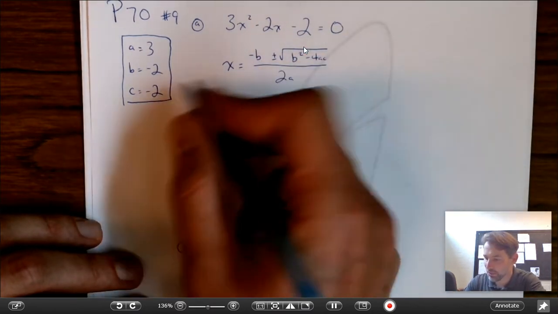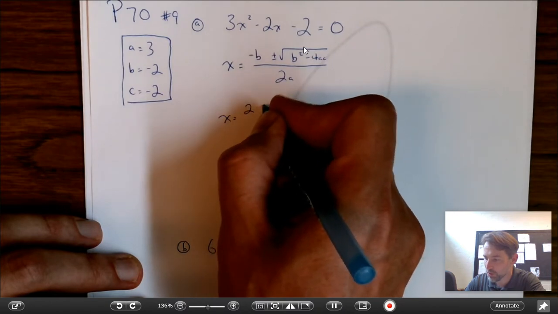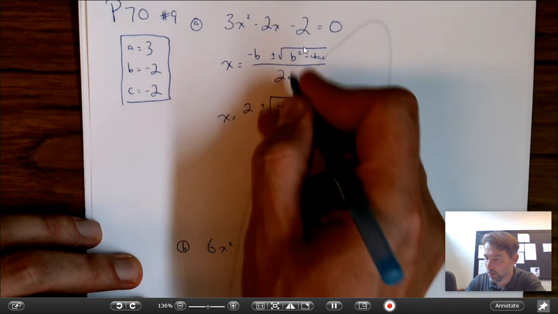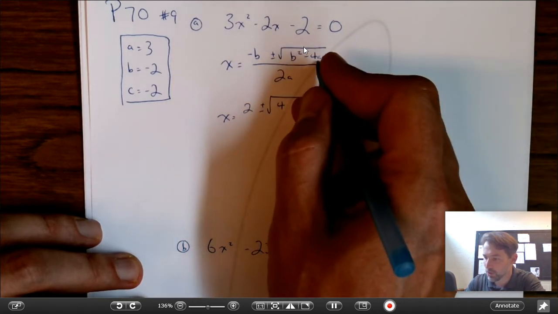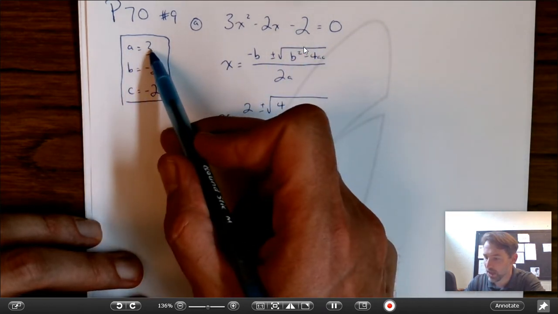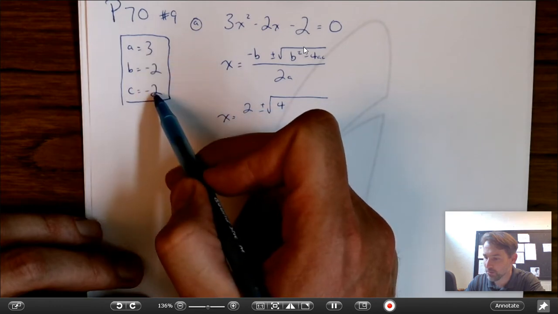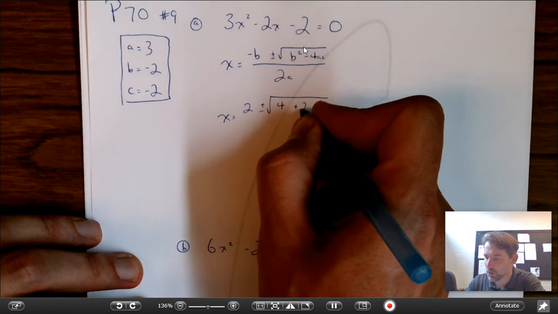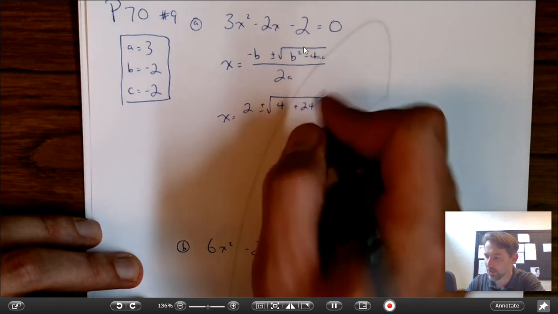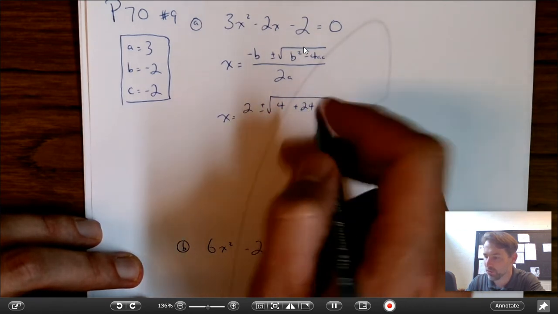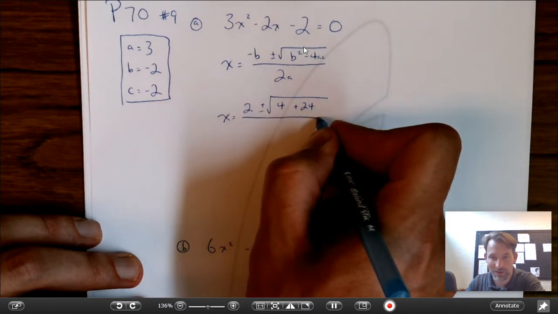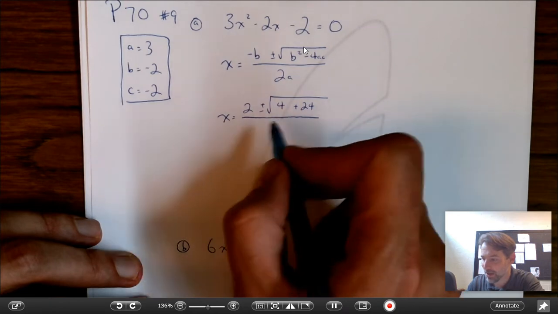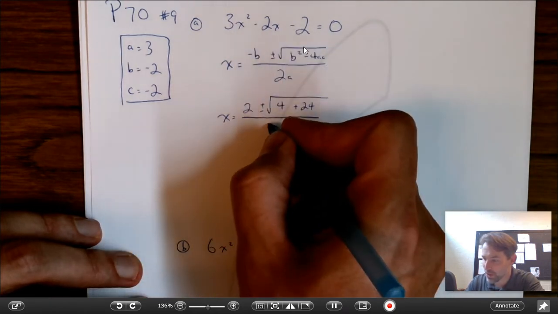X is equal to negative b, so that's 2, plus or minus the square root of negative 2 squared, that's 4, and then subtract 4 times a times c. 4 times a is 12, times c is negative 24, but it's negative that, so that's plus 24. So now we know this would not have factored nicely because that's going to give us a plus or minus root of 28. 28 is not going to factor nicely, but it is 2 root 7. We're going to see that in a second. All over 2a, which would be all over 6.